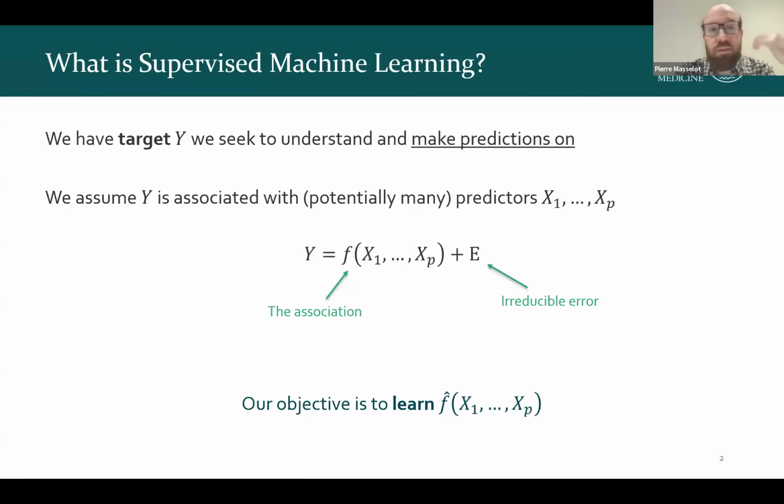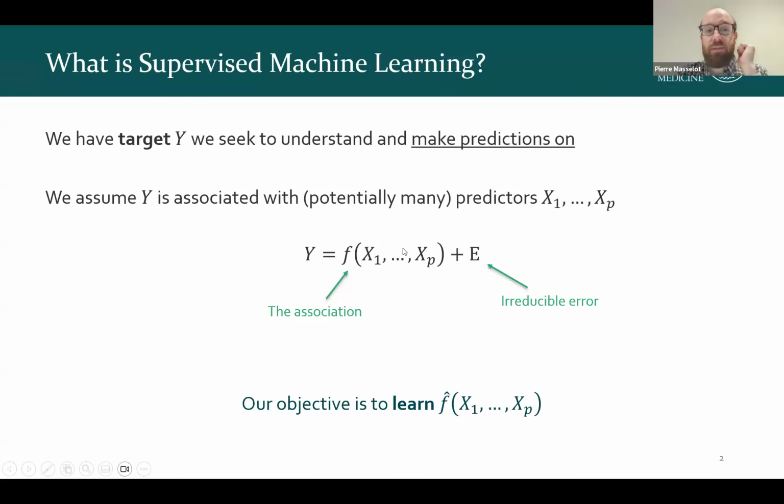So, for instance, this target Y can be blood pressure or any measurement, and you have new patients or a new population, and you want to predict what this target will be in a new patient, in a new observation. And so to make this prediction, we assume that our target is associated with some predictors, potentially many predictors, that I call X1, X2, etc., XP.